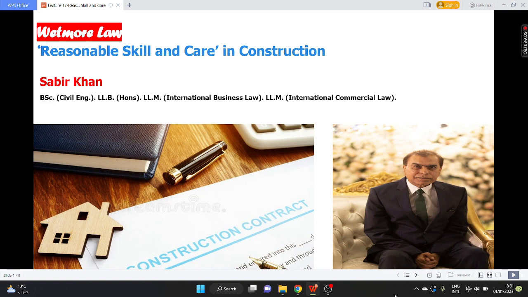A fit for purpose obligation effectively warrants a particular performance for the life of the structure built, which is much more onerous than a simple reasonable skill and care obligation, and should therefore be avoided if possible.